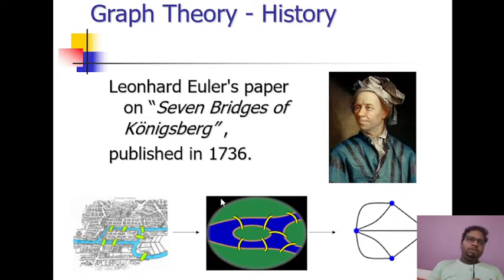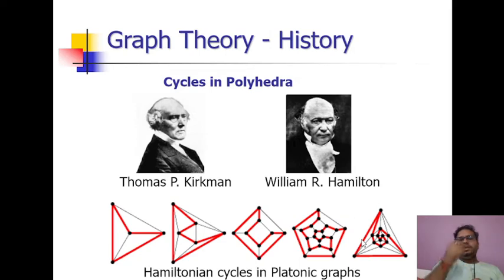In a city there are seven bridges over the river. How do you cover them? How can the minimum distance be found? These particular things can be converted to a graph, with the bridges called edges. That was the initial idea.